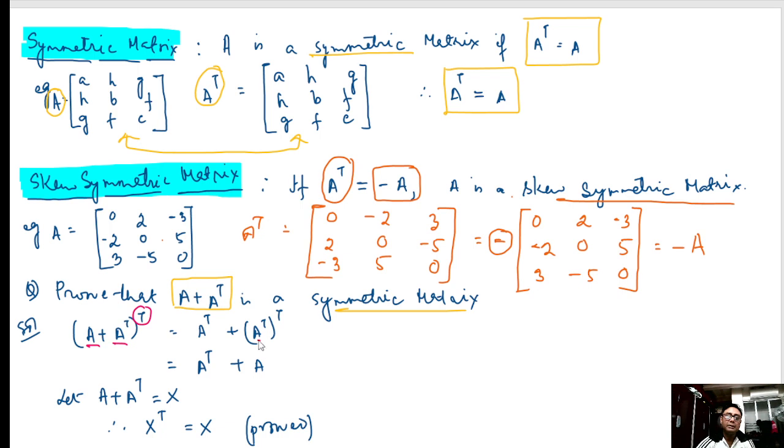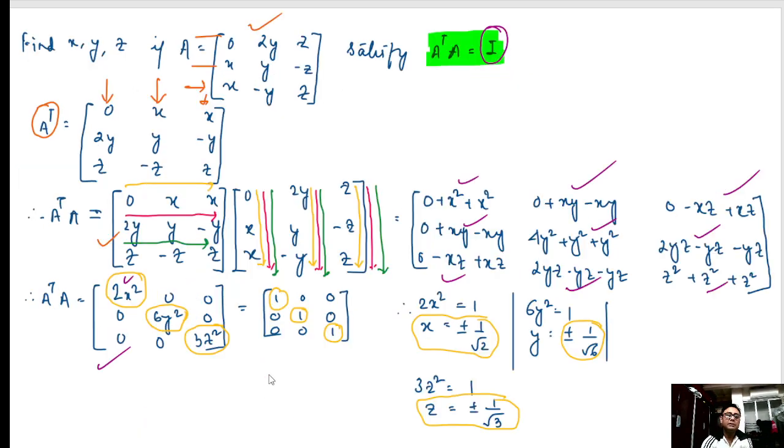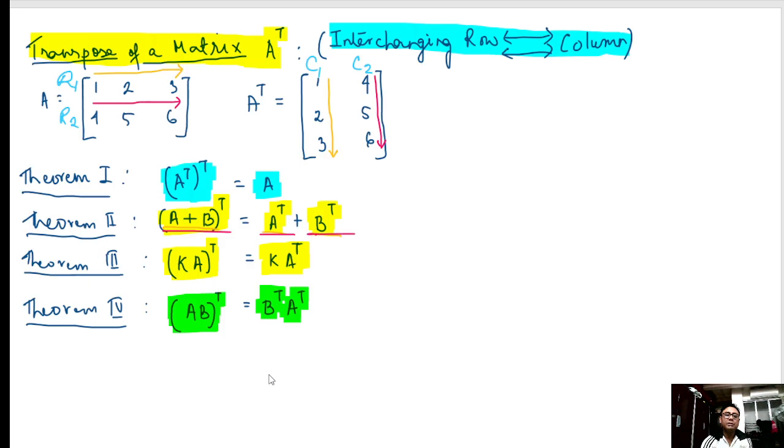This is my B transpose, and transpose of the transpose is the original matrix. Already we have done that. Transpose of the transpose will give you the original matrix. Clear?